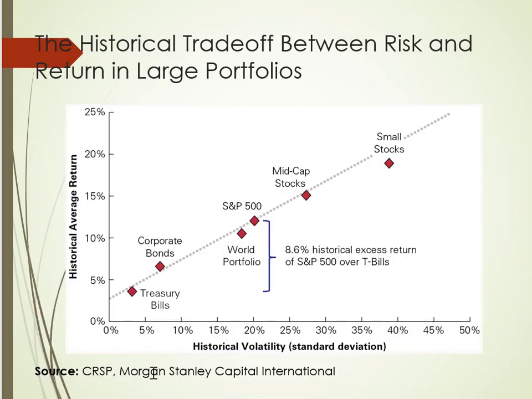If we look at another picture graphically, this just illustrates how the different financial markets line up with respect to risk and return. The higher the risk, the higher the returns. And we can see that it spreads out here. Small stocks, as we mentioned, have the highest risk. They're also going to provide us with the highest rates of return.